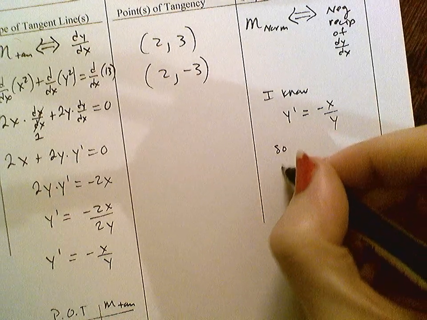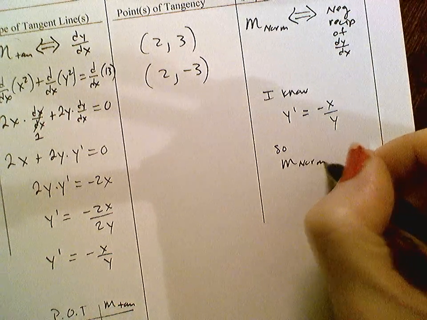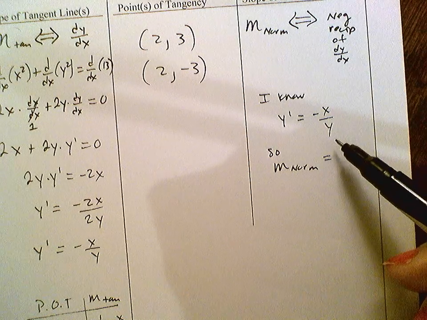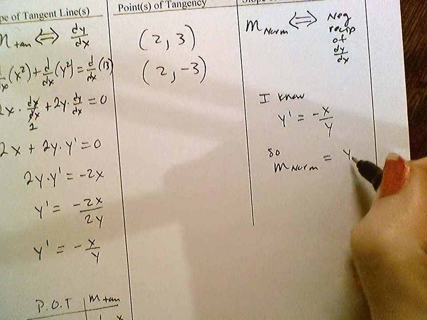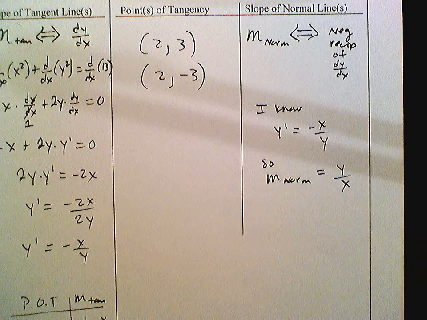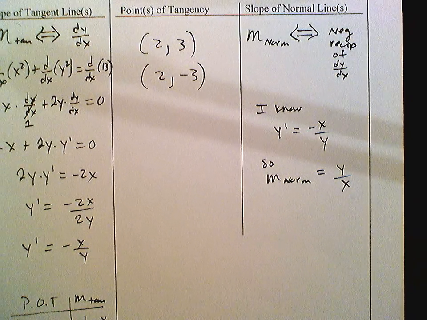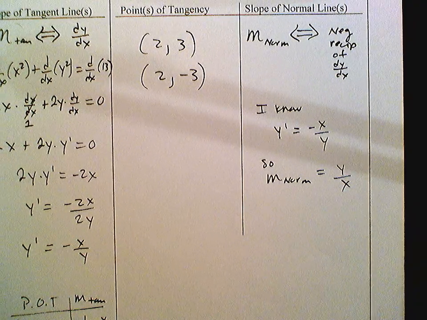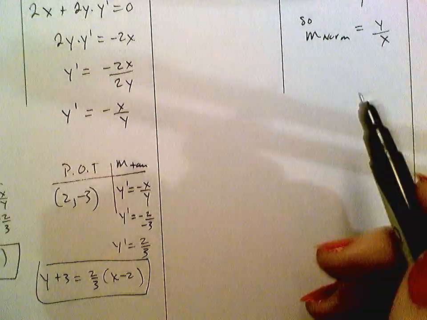So m norm is going to be equal to the negative reciprocal of this. You just flip it and you change the sign. I'm hesitating because I'm teaching this a little bit different than last year, so I hope that this is better. I think it's going to be. Yeah. All right, so now we're ready.